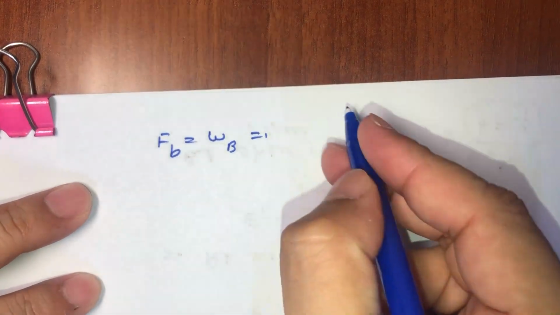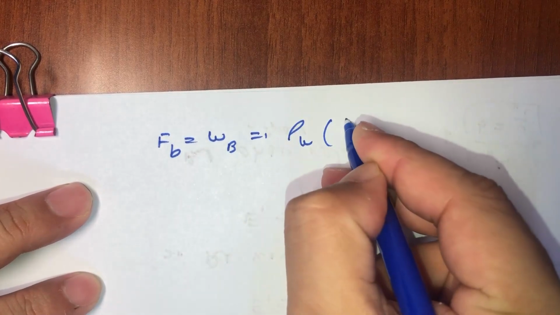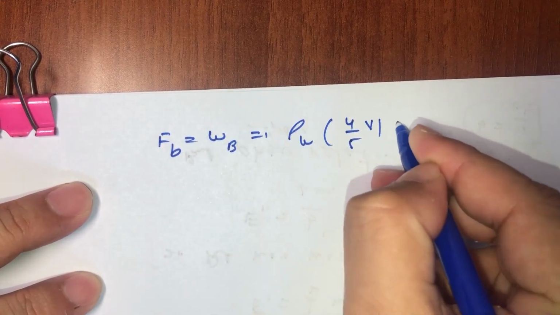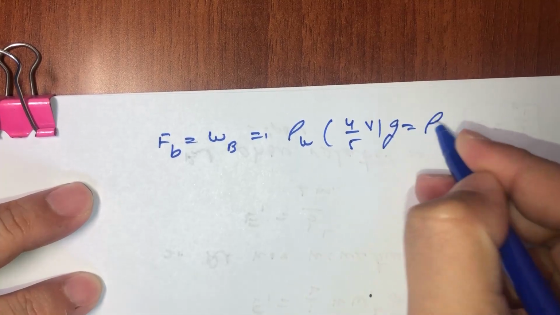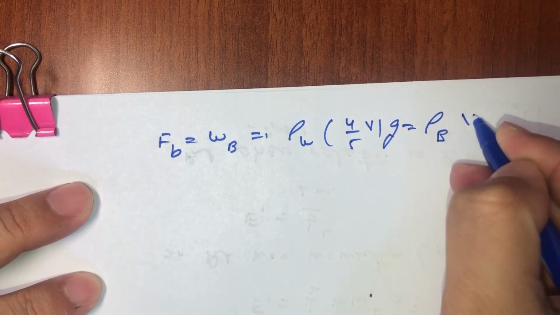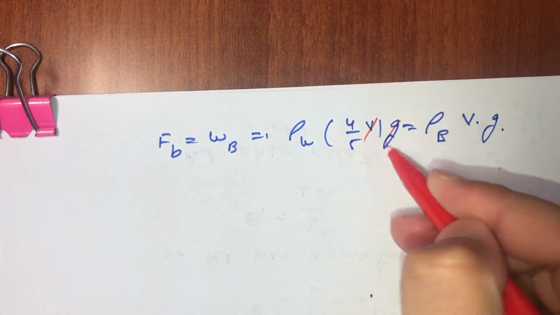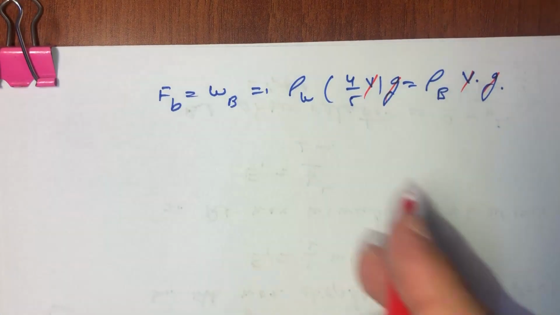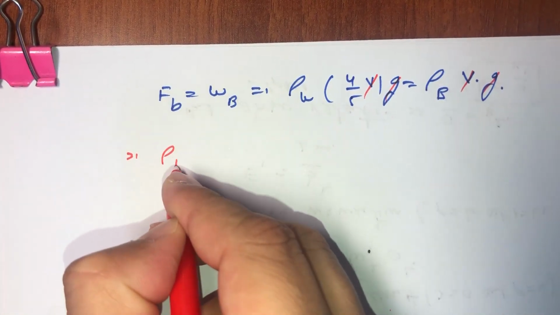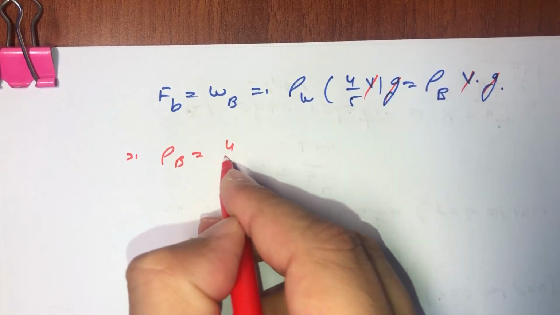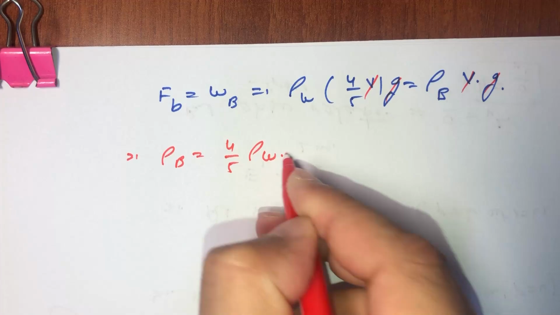So this gives us rho w 4/5 V g is equal to the density of the block multiplied by volume multiplied by g. So here Vg cancels out, and we get that the density of the block will be equal to 4/5 times the density of the water.